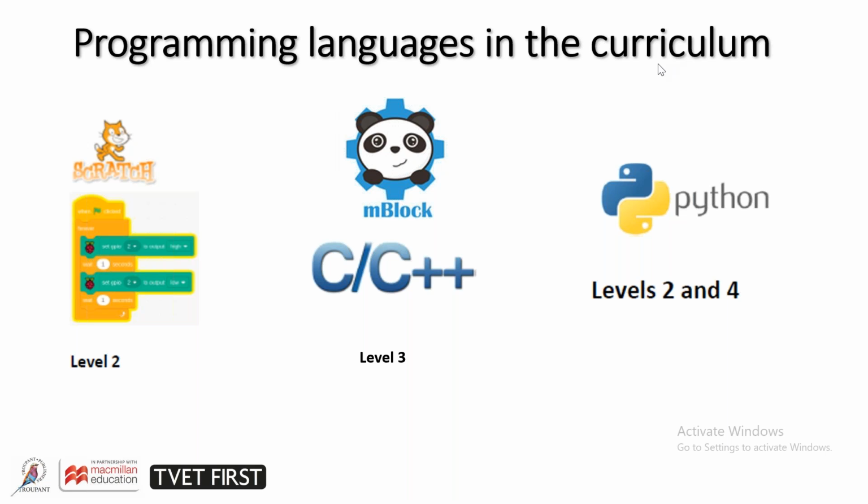In level 3, we'll be making use of the Arduino board, and we do GPIO programming with Arduino, and for that we'll be making use of mBlock, and the command-based programming language for Arduino is C++. Well, it's a simplified version of C++. But you'll notice that in the programming subject, we don't do the simplified version.